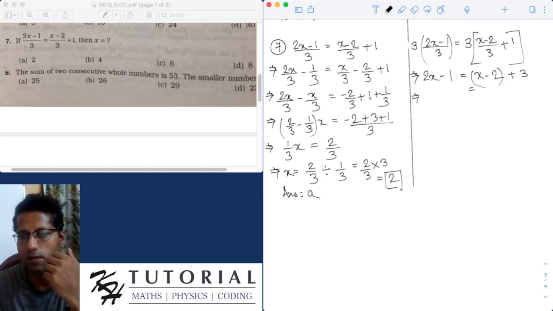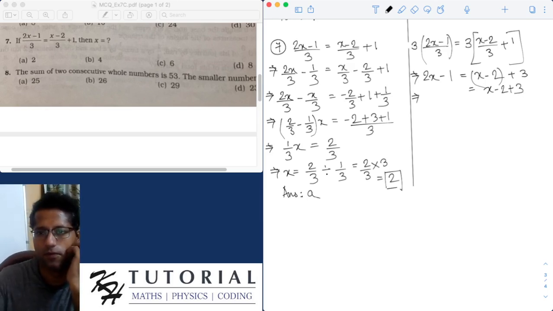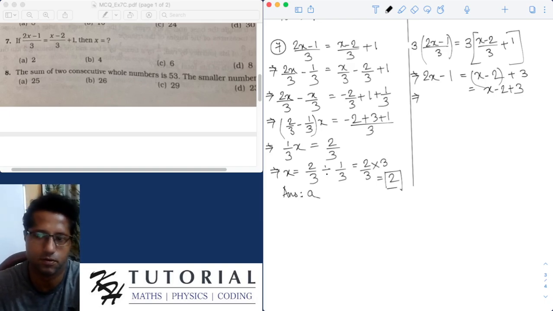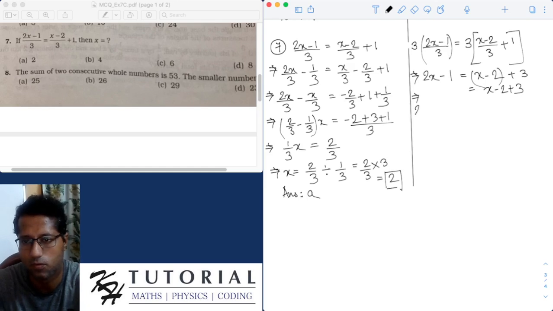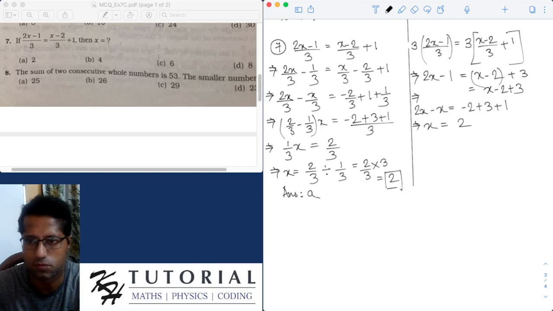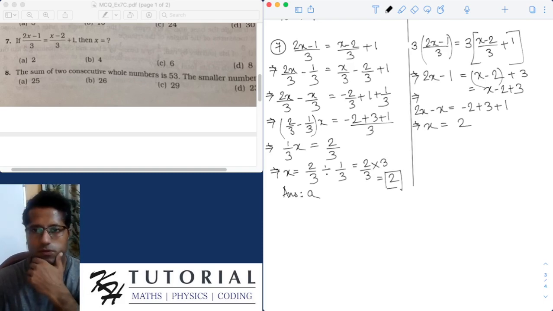So this is nothing but x minus 2 plus 3. Now if I bring the variable terms, x terms, to the left hand side and all the constant terms to the right hand side, it becomes 2x minus x equals minus 2 plus 3 plus 1. This implies 2x minus x is x and minus 2 plus 3 plus 1 is 2. So we got the answer 2, solution 2.